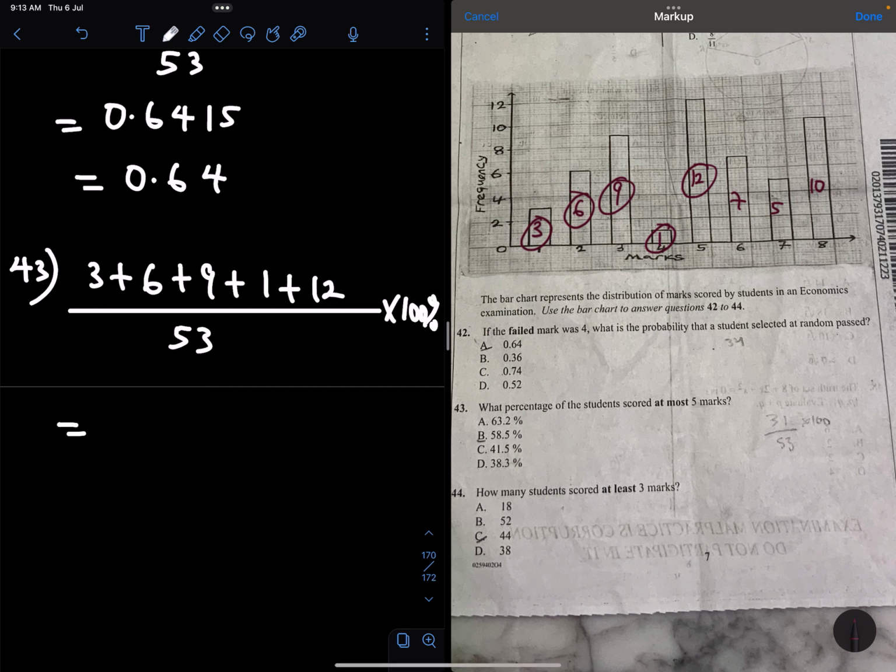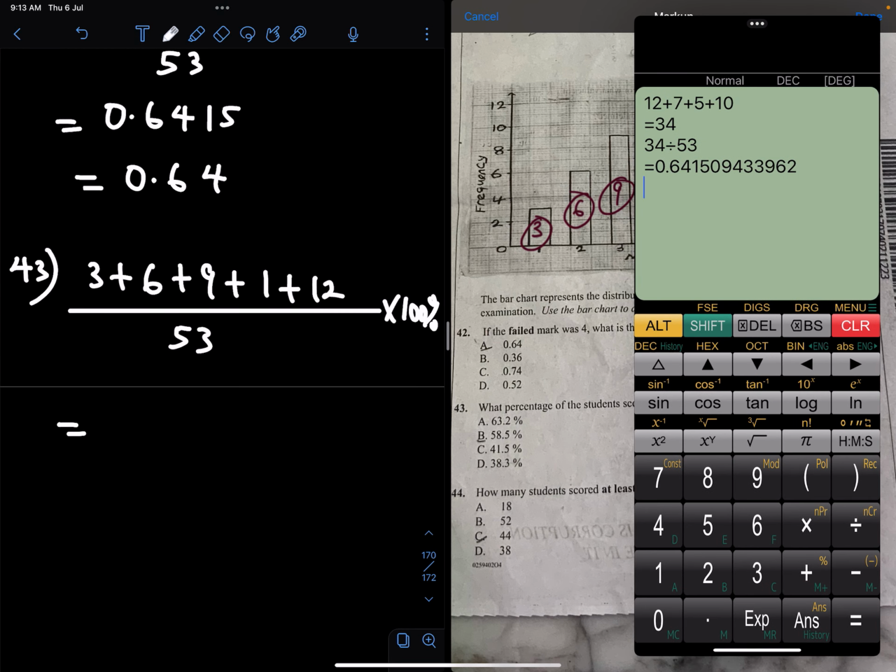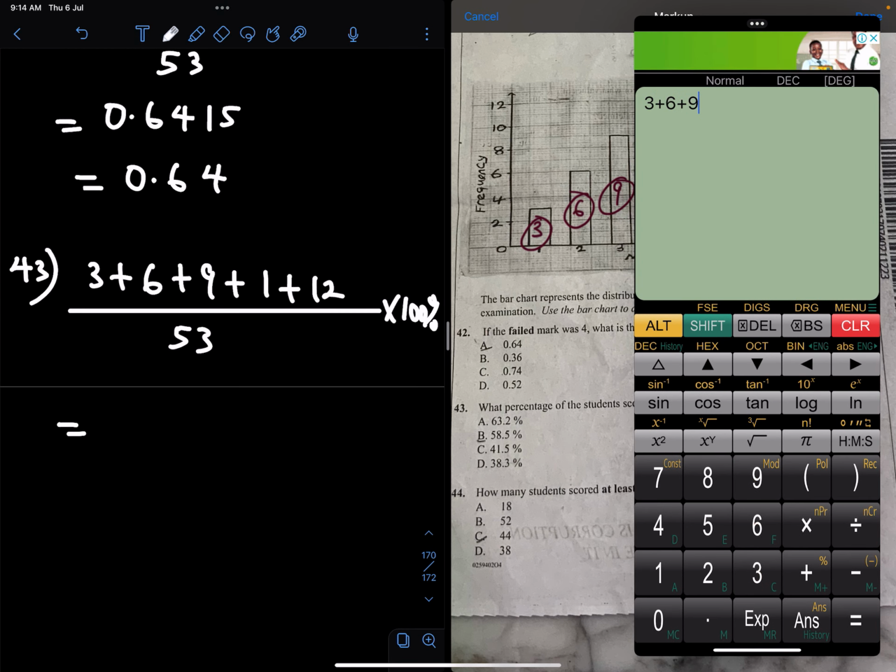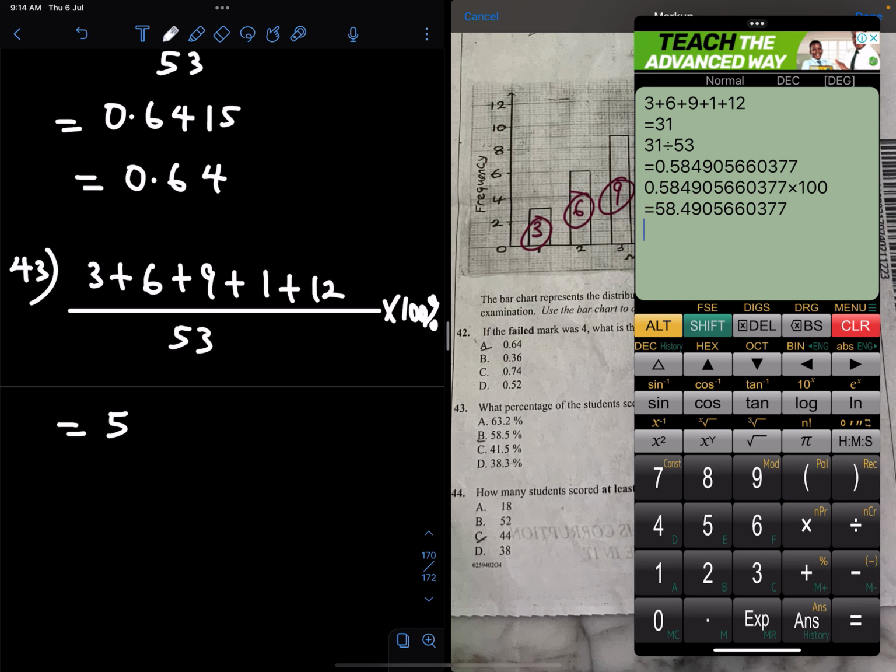That's 31 divided by 53, which is 0.5849 times 100%. And the answer is 58.49%.